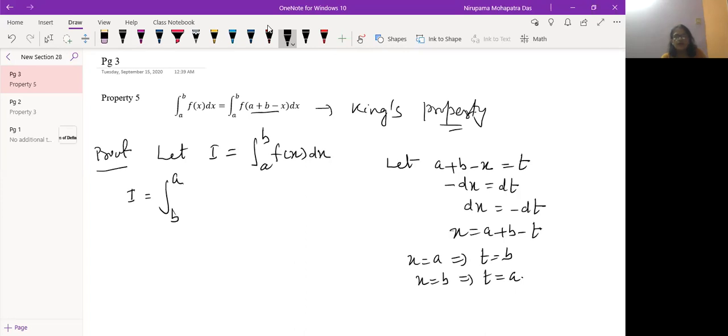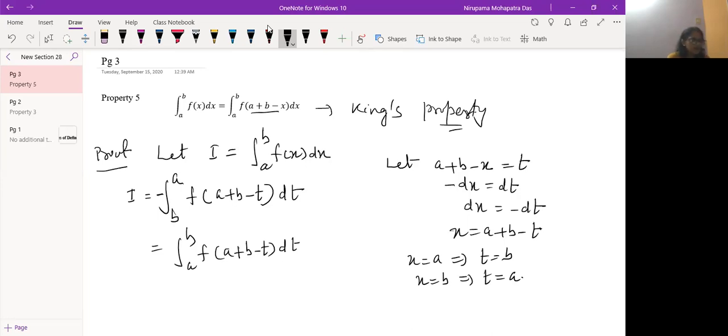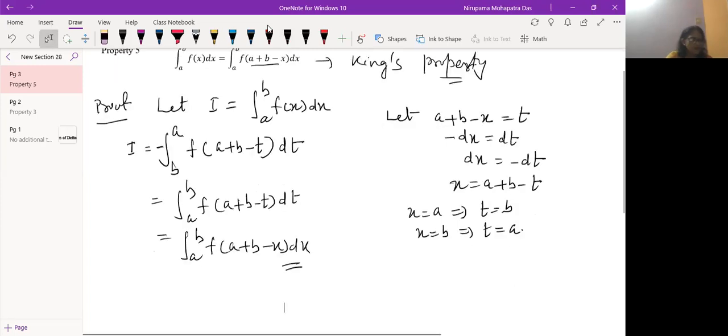Now it is f of x, where x equals a plus b minus t, and dx is minus dt. So you are getting the integral from a to b of f(a plus b minus t) dt, because by interchanging the limits we are changing the sign of the integral. Now this can also be written as the integral from a to b of f(a plus b minus x) dx, because a definite integral is independent of the variable of integration.